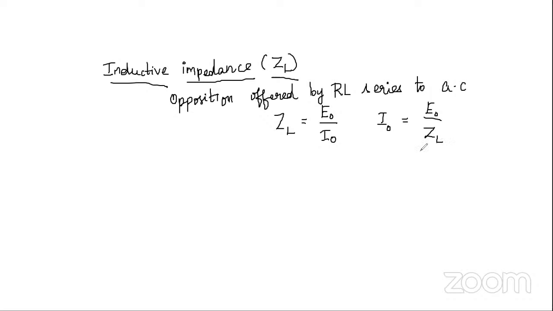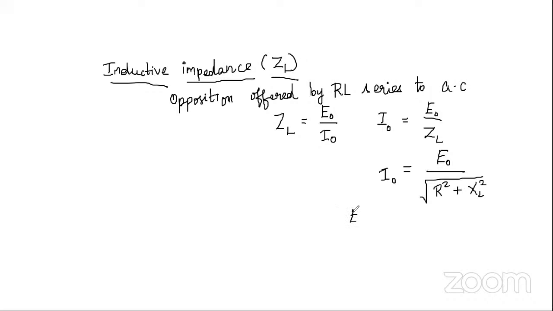ZL is nothing but square root of R squared plus XL squared. So ZL equal to square root of R squared plus XL square, otherwise called E naught by I naught.